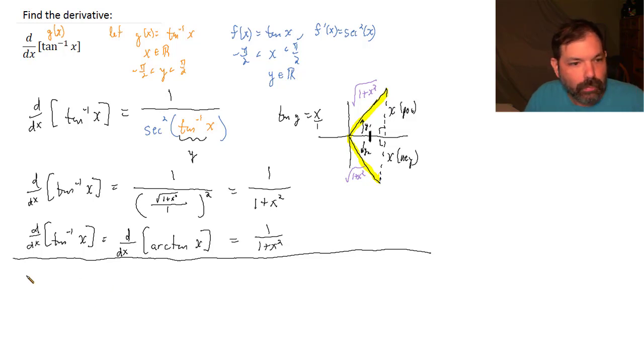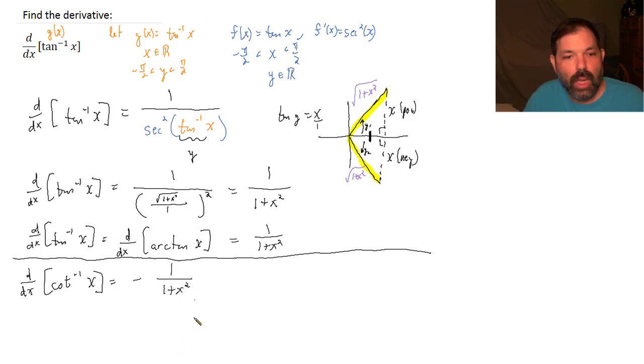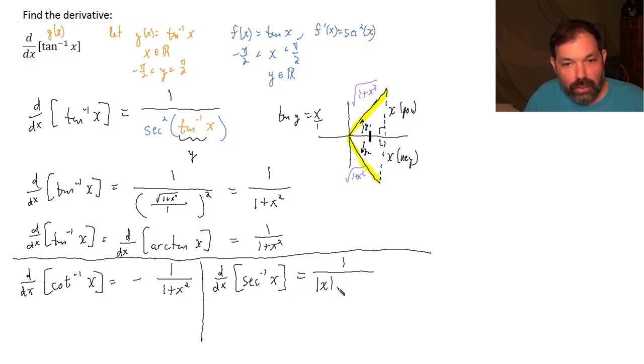So d by dx of the cotangent inverse function is negative 1 over 1 plus x squared. D by dx of the secant inverse function is 1 over absolute x times the square root of x squared minus 1.